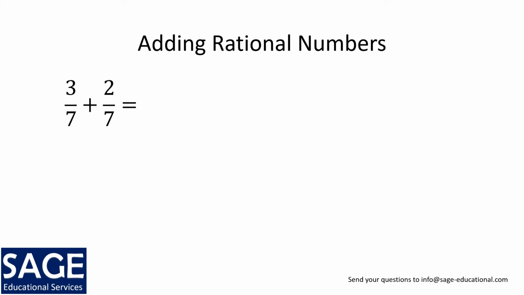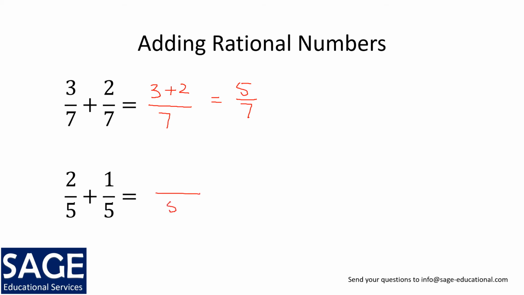Here's an example. We want to keep the denominator as it is, and we want to add the two numerators. So 3 over 7 plus 2 over 7 equals 5 over 7. Here's another example. We have 2 over 5 plus 1 over 5.